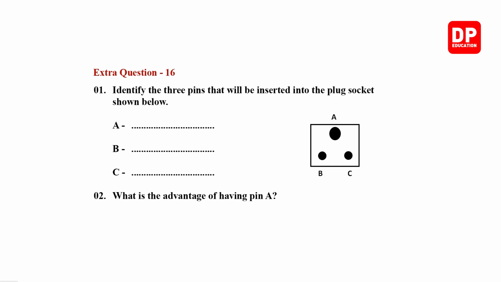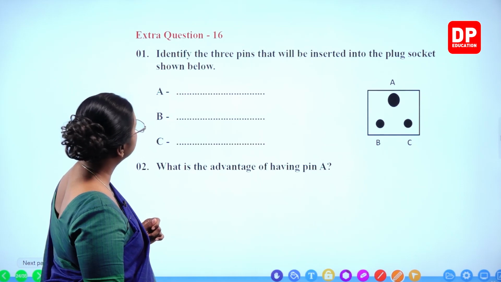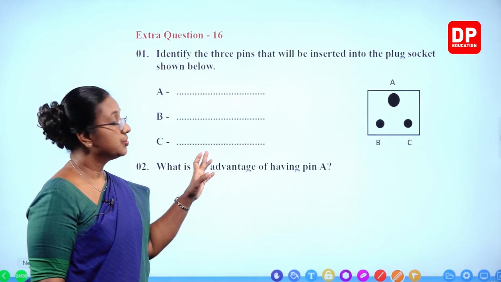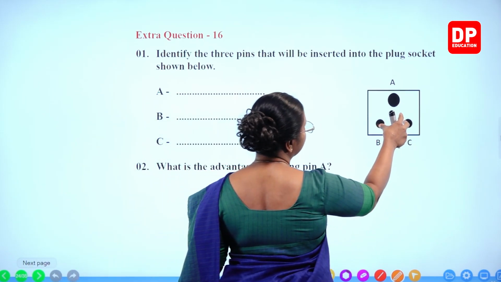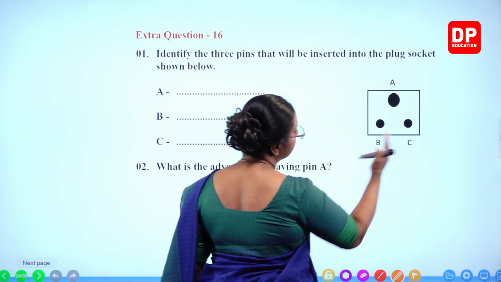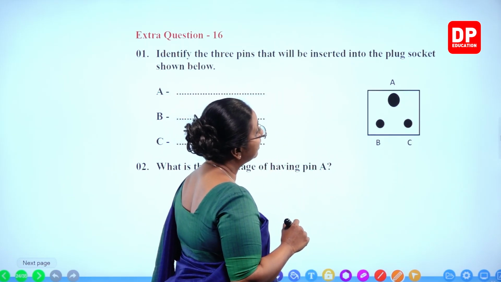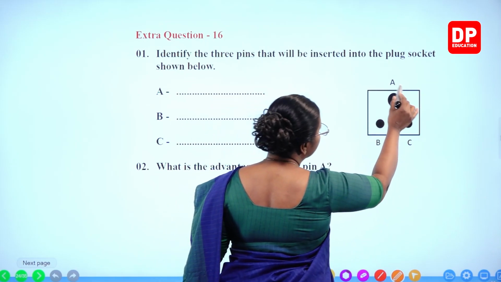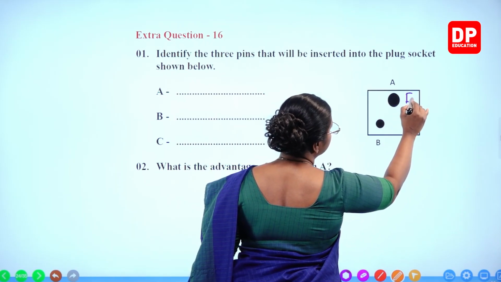Extra question 16. Identify the 3 pins that will be inserted into the plug socket shown below. So you can remember we put the plug like this. So you know the wires on that are relevant to the different pins. Normally the large pin is the earth pin.